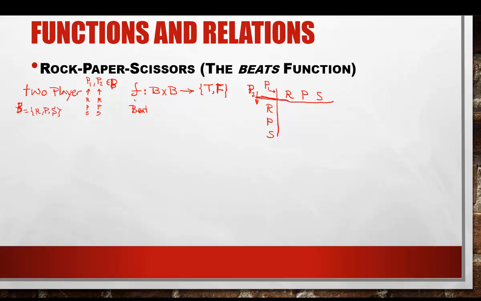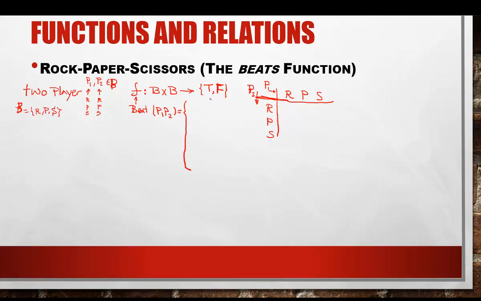My function beats, which is this F, takes two values, P sub 1 and P sub 2, and then returns one of true or false. In fact, it actually covers 9 elements.